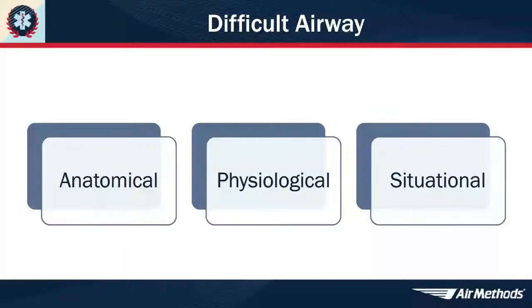So these are the three different things that are going to cause you to experience a difficult airway. It can be some kind of an anatomical problem, whether that's just their anatomy is a little bit different than normal, or it could be that there's something obstructing that anatomy to where you're going to have to work around it. There could be physiological changes in the patient.